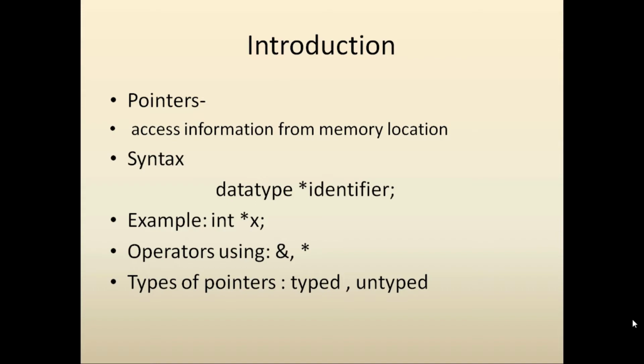Mixing is not allowed in pointers. One more type of pointer is untyped, the void pointer, which can access data of any data type. So in this example, int star x indicates a typed pointer with data type integer, and it can be linked to integer data type variables only.